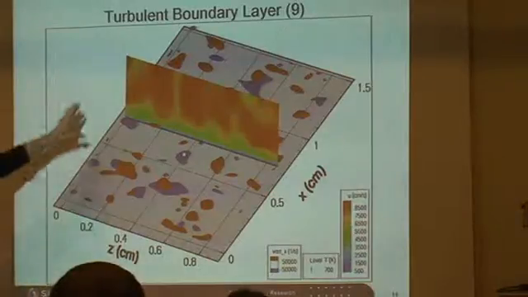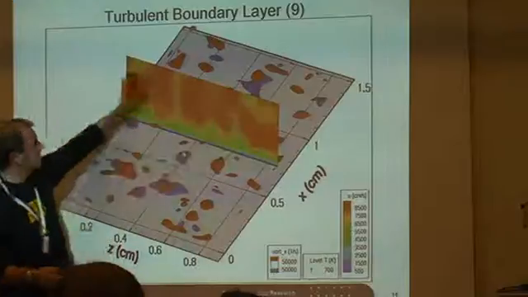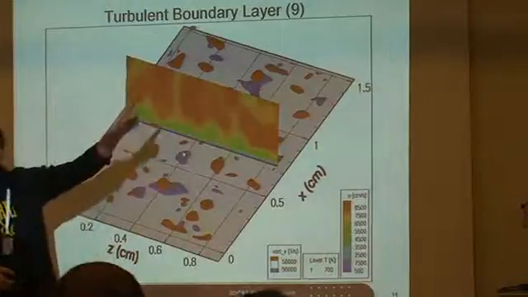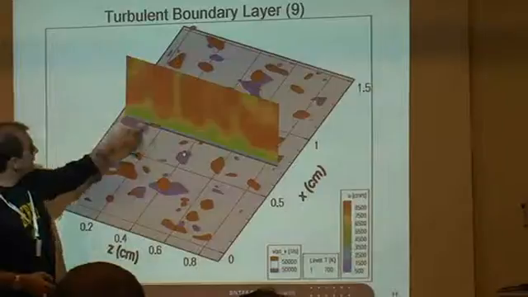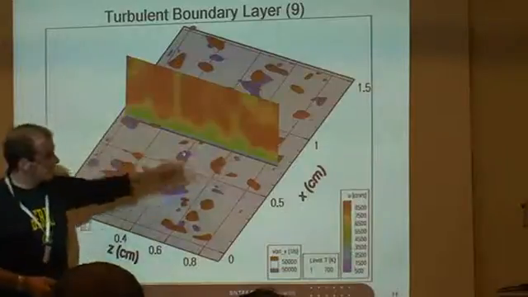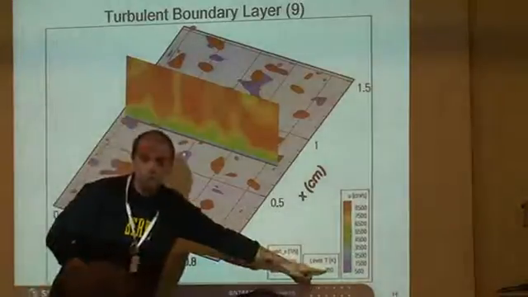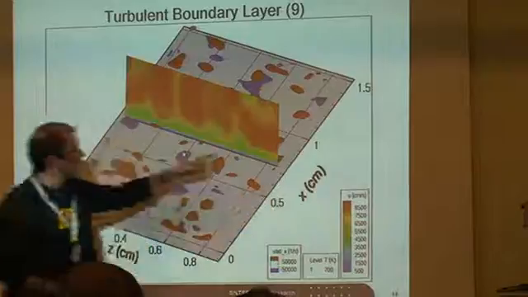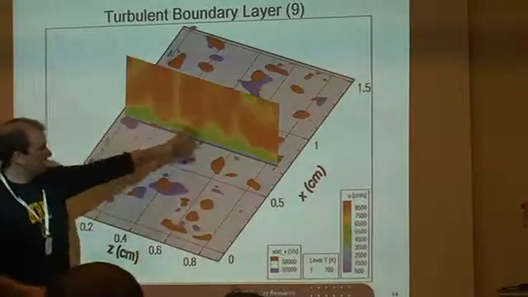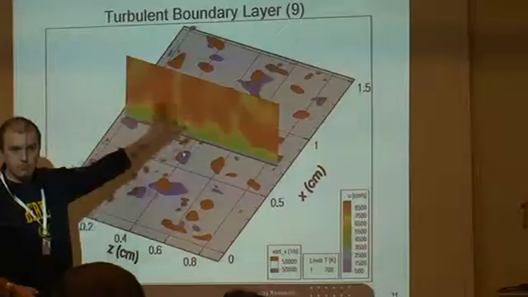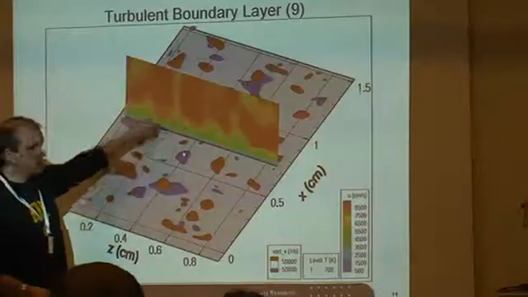This plane is the velocity in the streamwise direction, and you will see a black line appear. It's the temperature at 700 Kelvin. So you will see how these sausages change the velocity plane, but they will also change the passive scalar contour.